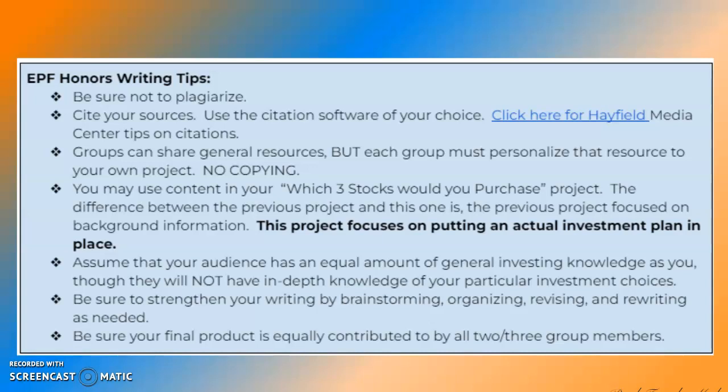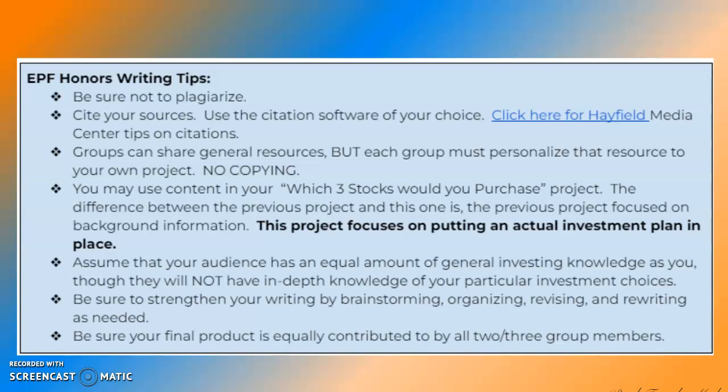The last one was, hey, what is the company? It's really finding out about those individual companies. But this project is focusing on an actual investment plan, putting that in place. You're going to assume that your audience has an equal amount of general investing knowledge as you.